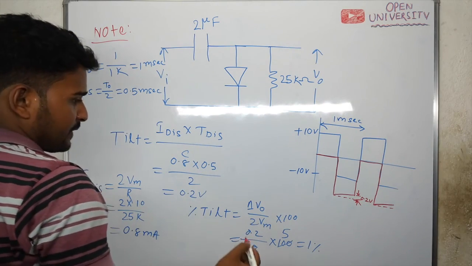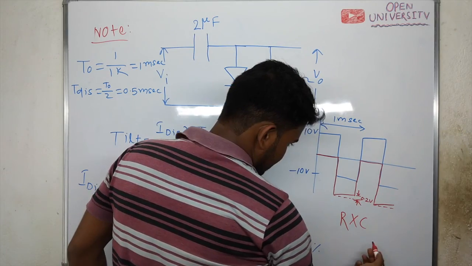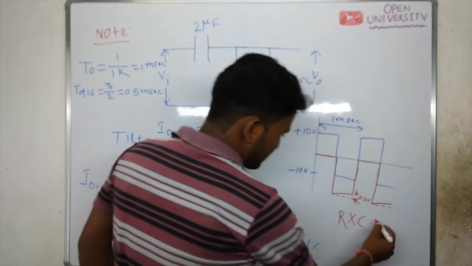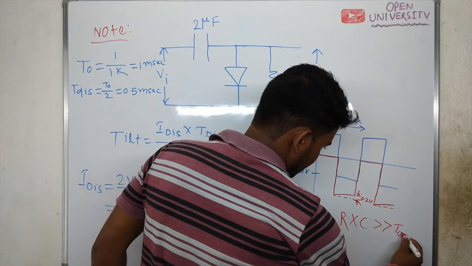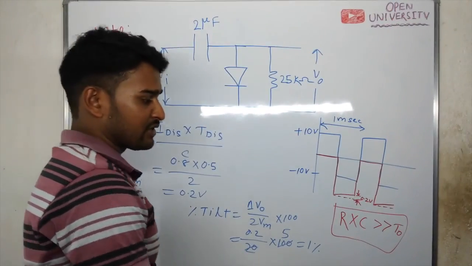And in practice, the discharge time constant RC should be much greater than T naught, where T naught is the time period of the input signal. Write down this point.